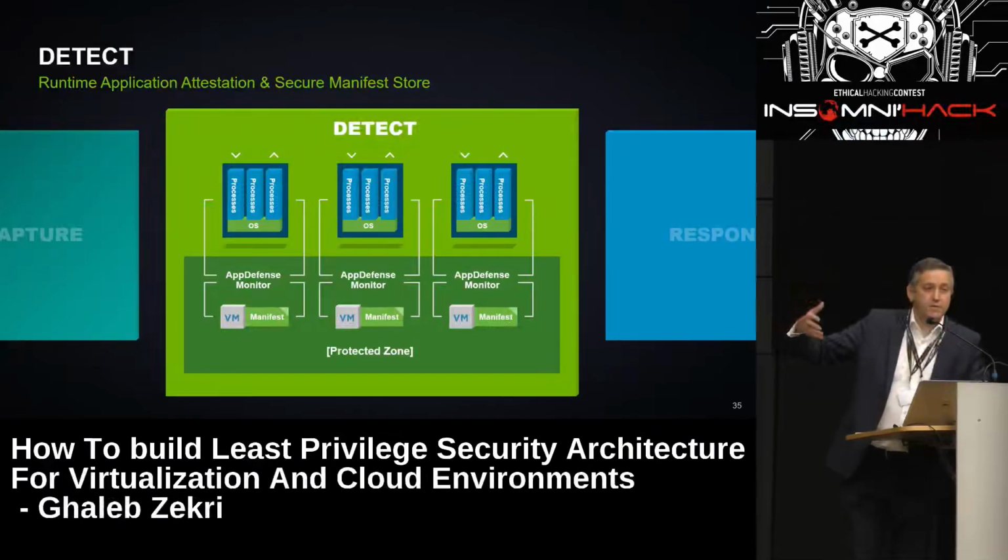If it's in the manifest as a known behavior or a known application and part of the intended state or running state, that's good. If it's a deviation, we can raise it to the management, or we're going to apply the response that has been configured as a response to this abnormal behavior.